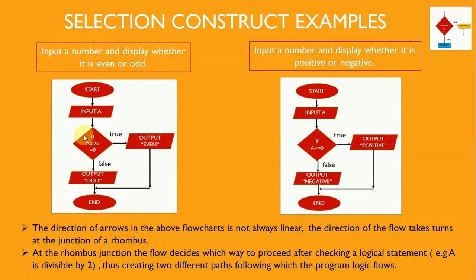So after checking this logical statement, it will be decided where the program flow will go, either this way or this way, thus creating two different paths along which the program logic flows. So at the junction of the rhombus, there are two different paths, and according to the value of this conditional expression, either this path will be taken or this path will be taken.